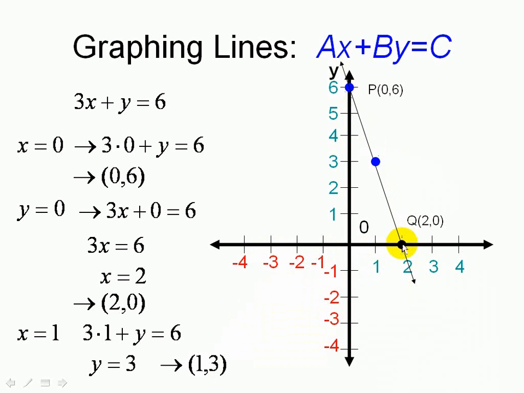So once again, the way we do it is start off with the simplest points where it intercepts the axes. When we substitute x equals 0, that gives us a y value of 6. Likewise, when we substitute y equals 0, we get a value of x equals 2. So here we have the x-intercept of 2 and a y-intercept of 6.